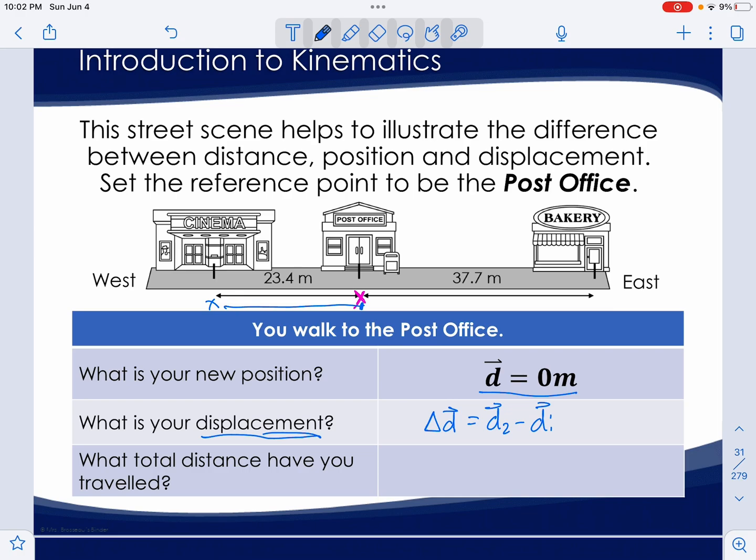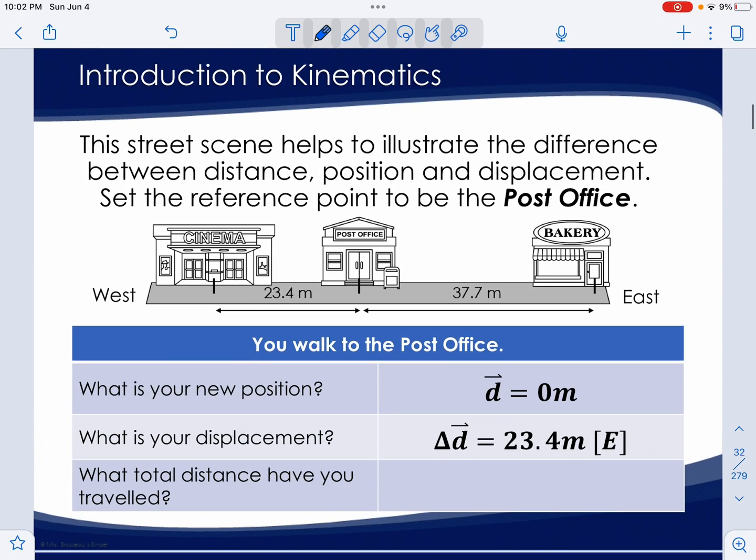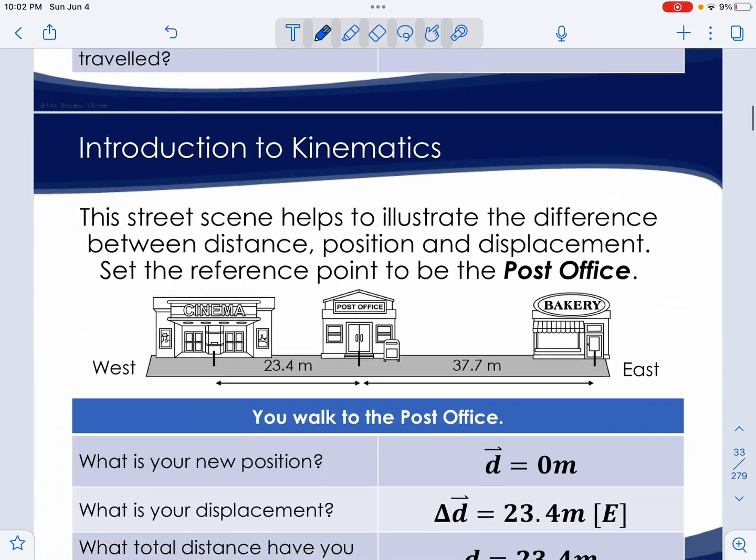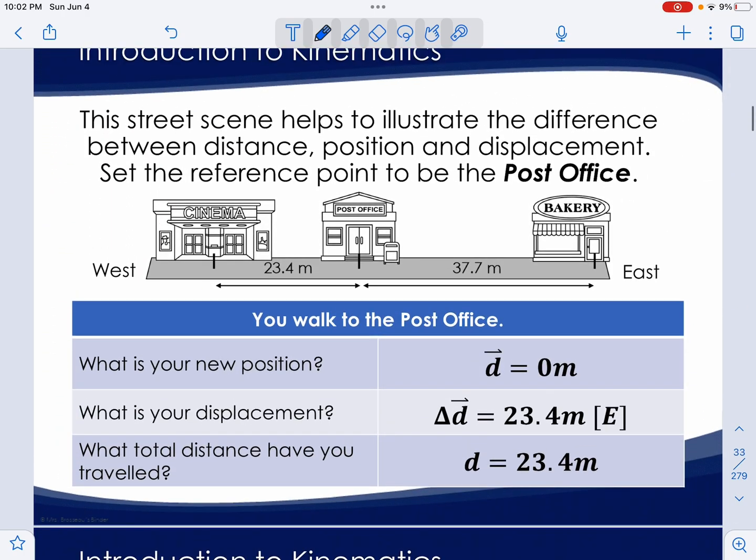So our D2 is here, and our D1 is here. So this is where we ended, 23.4 meters, and if this is where you start and this is where you end, you're ending east from where you started. So it's 23.4 meters east. And what is the total distance you have traveled? It's 23.4 meters.